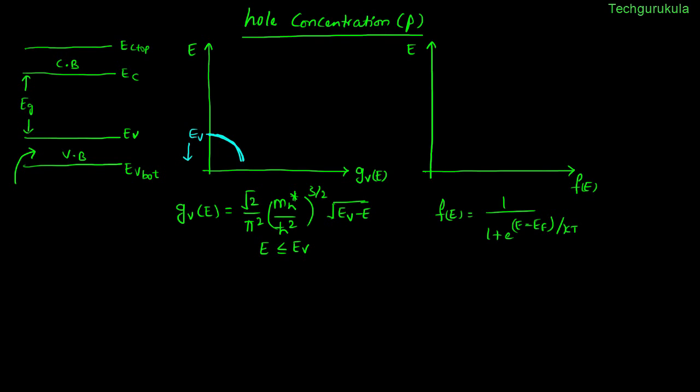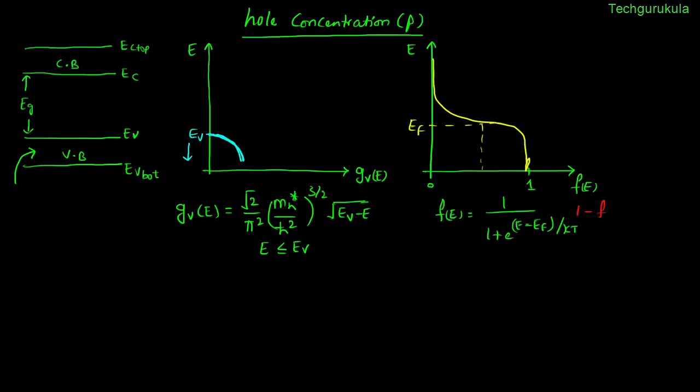We know that f of E can take values only between 0 to 1. F of E would be something like this, where I'm assuming the Fermi energy level to be somewhere here. F of E basically tells us the probability of an energy state to be filled by an electron, which means we can take 1 minus f of E, which would basically tell us that the energy state is empty, and that's what we're looking for.